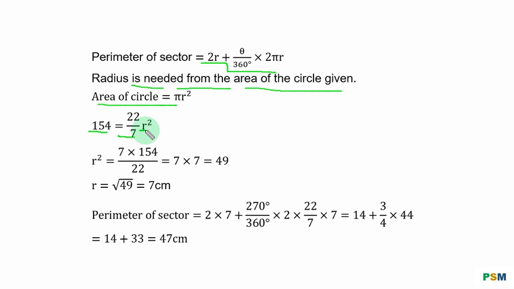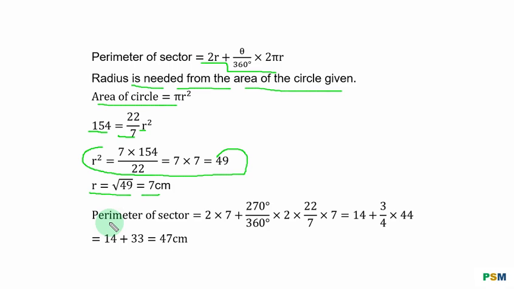Multiply through by 7 and divide both sides by 22 to make r square the subject in this form, and you have 49. R becomes square root of 49 equal to 7 cm.